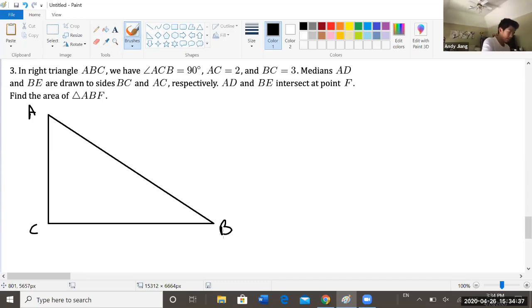Okay, so this goes back to what we did, I think, 2 weeks ago when we talked about medians. So I'll draw medians AD and BE, and they intersect at F.